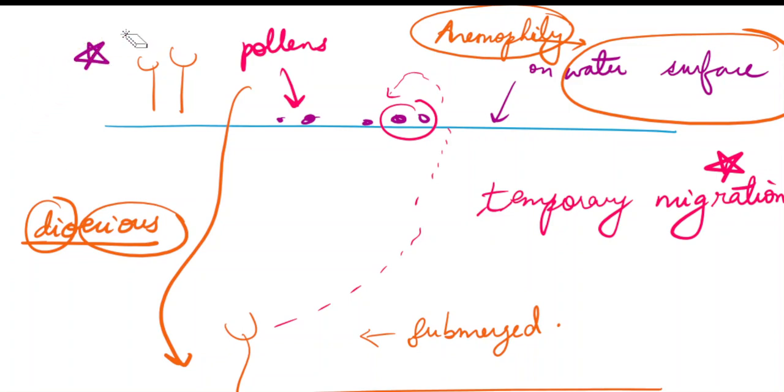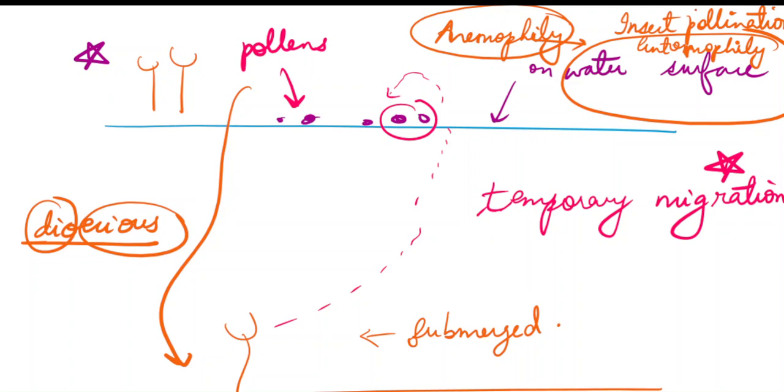Even they can undergo insect pollination, which is known as entomophily. Entomology means the study of insects, and the type of pollination we call entomophily. I will explain this when we speak about biotic agents.